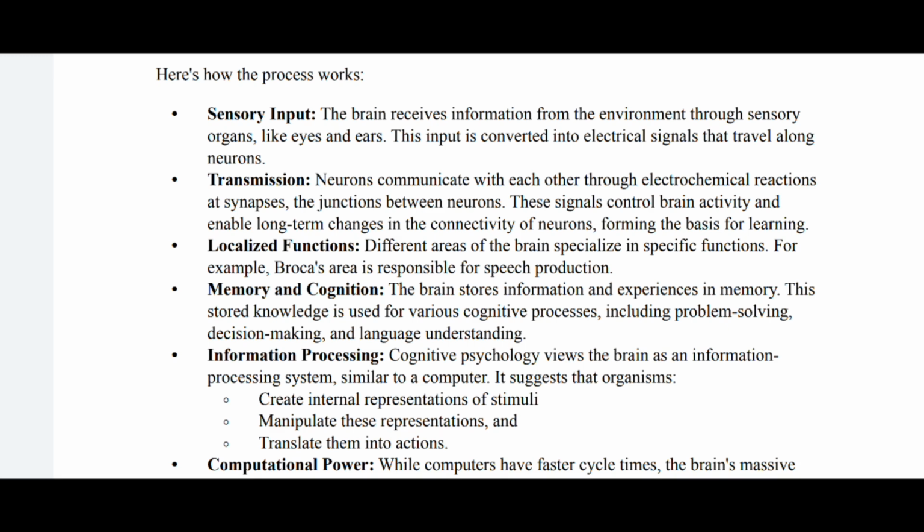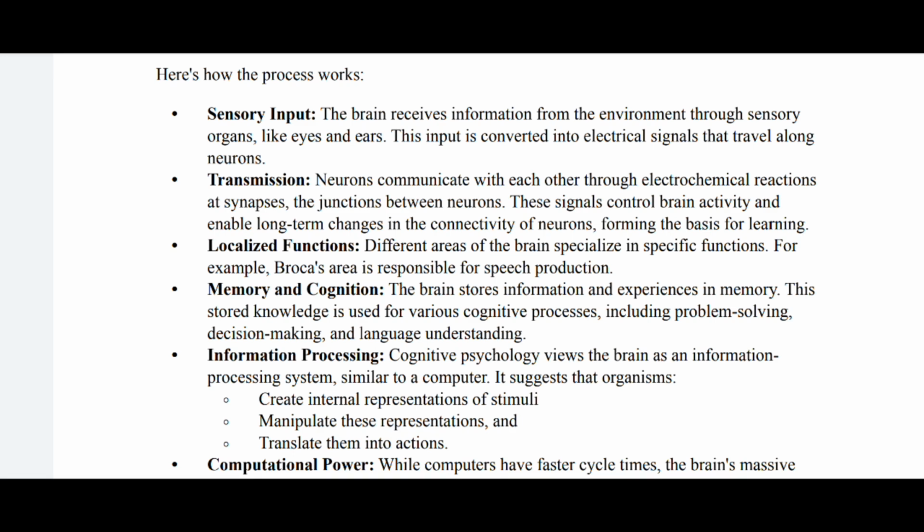Sensory inputs are information from the environment through sensory organs like the eyes and ears. The input is converted into electrical signals and travels along neurons; this is transmission. Neurons communicate with each other through electrochemical reactions at synapses, the junctions between neurons.